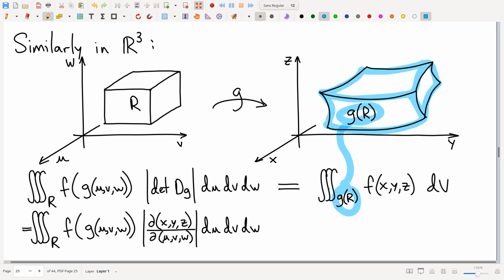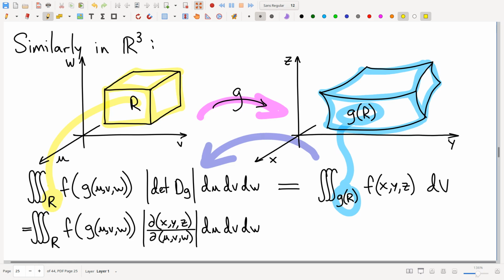to do it directly. But if I can view it as being an image, then I can play this same pullback game of just plugging in. In particular, whatever it's an image of, in this case a nice convenient little rectangular box, will be the domain for my new integral.